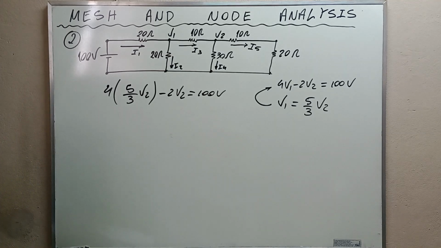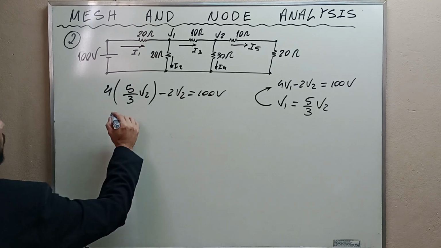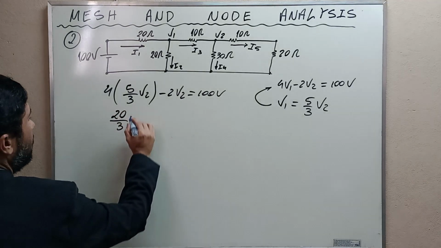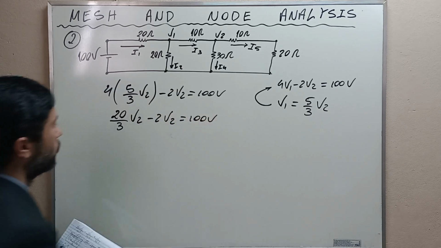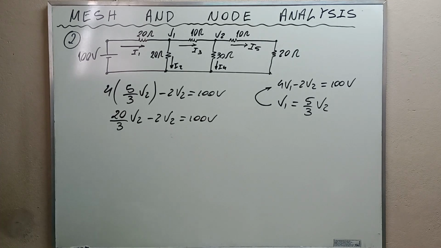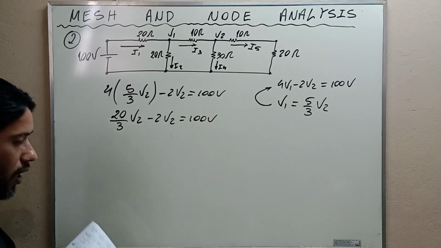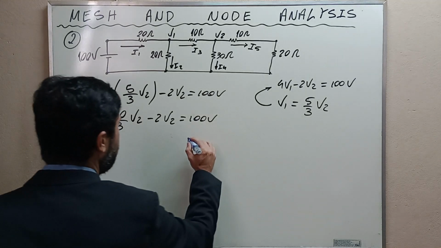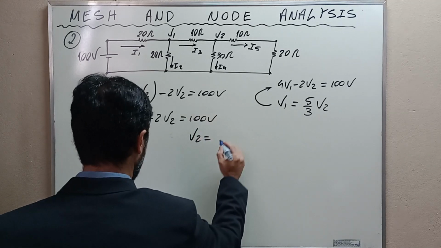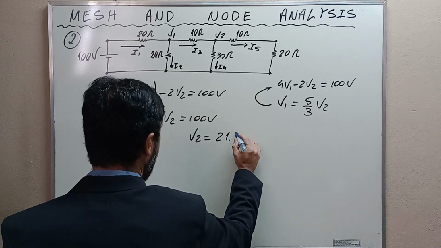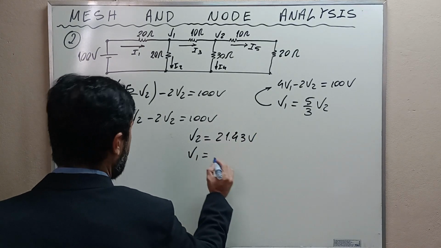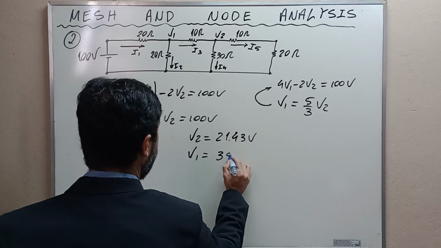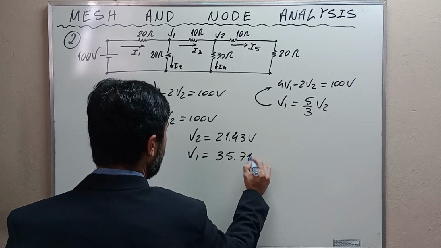4 times 5 is 20. 20/3 times V2 minus 2 V2 equal to 100 volts. If we continue solving, we ultimately find that V2 is equal to 21.43 volts and V1 equal to 35.71 volts.